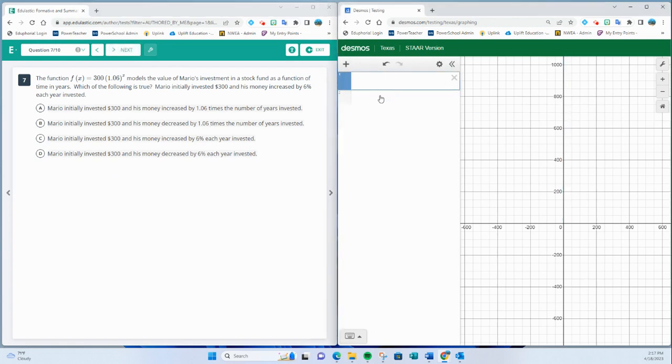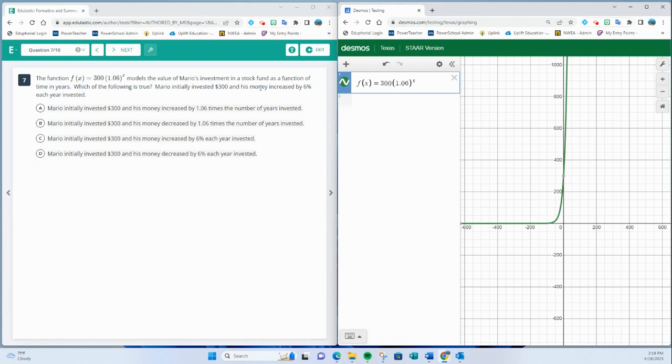For this one, we have f of x equals 300 times 1.06 to the power of x. We're trying to see which one would be the increasing by 6%.